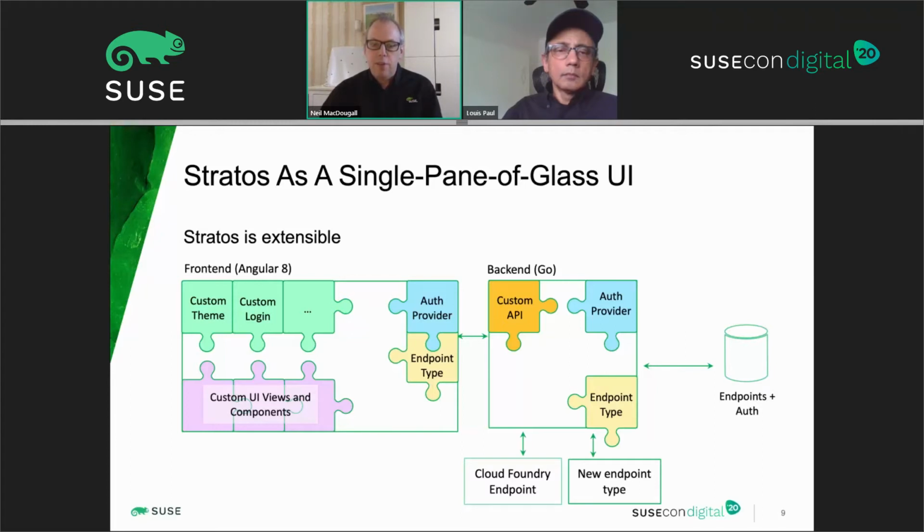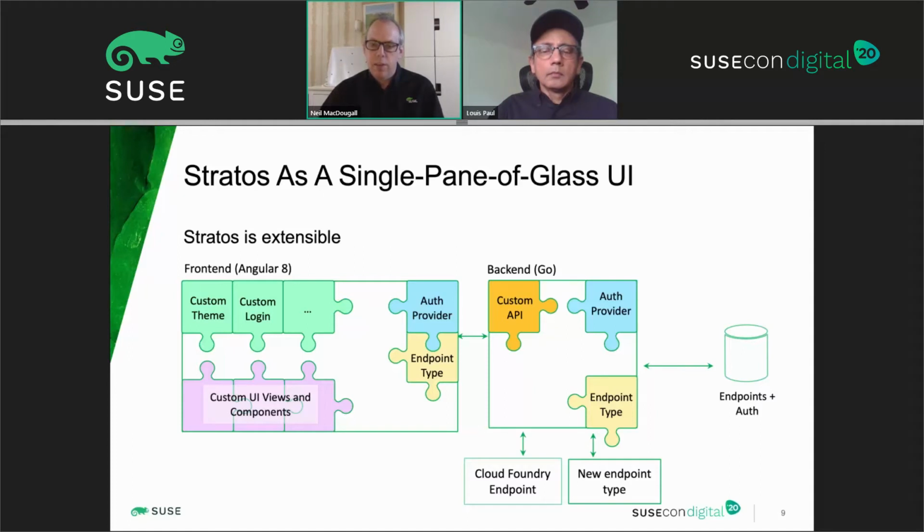There's also a core set of functionality. One of the core concepts that I mentioned on the previous slide is the notion of endpoints. This is how we deal with multiple Kubernetes or Cloud Foundry deployments. So we have this notion of endpoint. It's a generic concept. And with that, we have the notion of authentication providers. So what we have effectively is the ability to add in new types of endpoint that have new types of authentication.